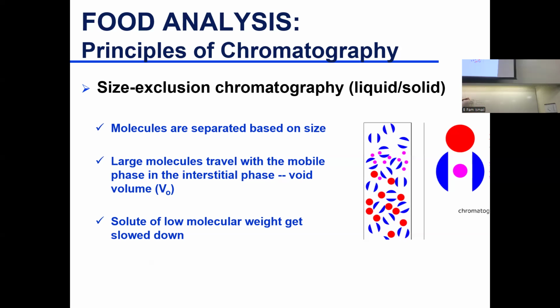So the void volume is the volume of the mobile phase that goes within the particles or between the particles. The large molecules are not going to go into the pores.